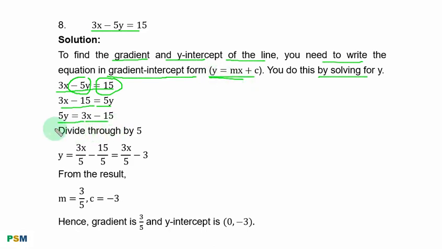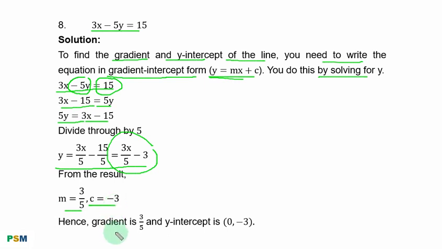So divide through by 5, the coefficient of y. You have this result. The final result is now in the gradient intercept form, where m, the gradient, is equal to 3 over 5. The y-intercept, c, is equal to minus 3.